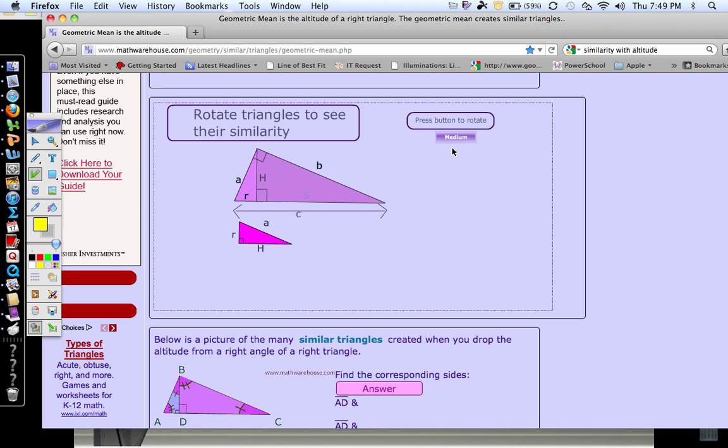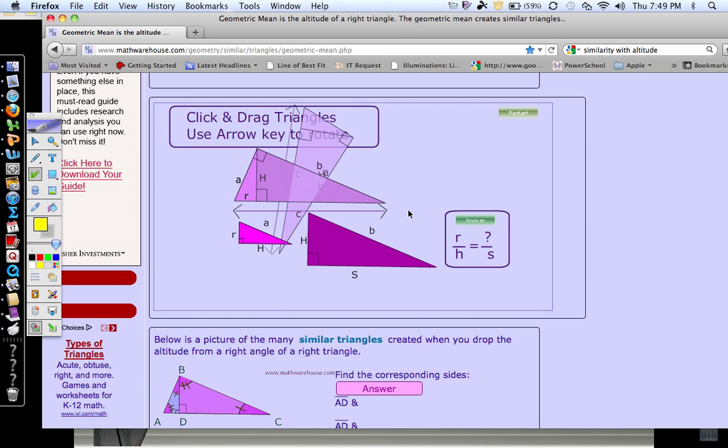So you can see the little triangle that's in there, the medium, and the large. And all 3 of these triangles are similar, which means their sides are all in proportion. They all have the same scale factor, and their angles have corresponding angles that are congruent.